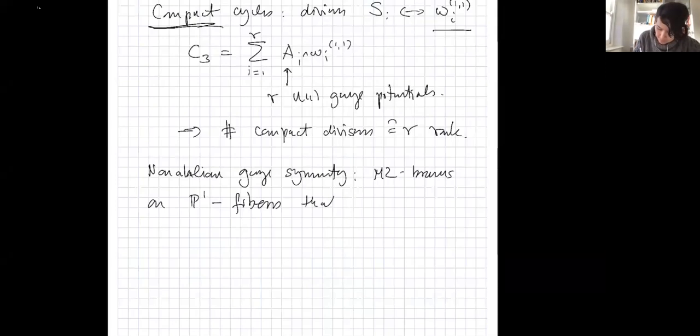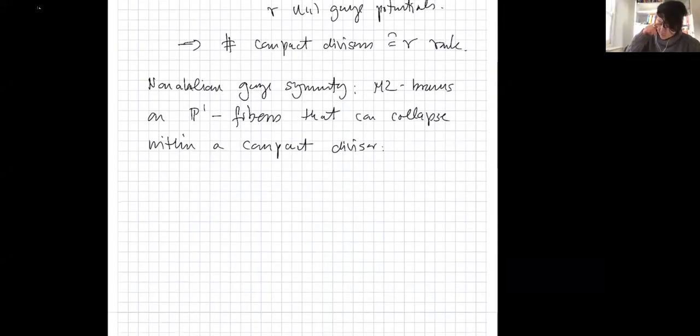that can collapse within a compact divisor. So what these kinds of divisors are called are ruled surfaces.